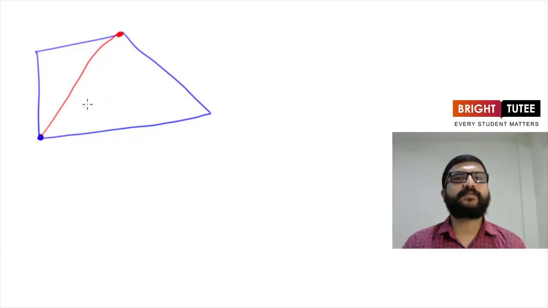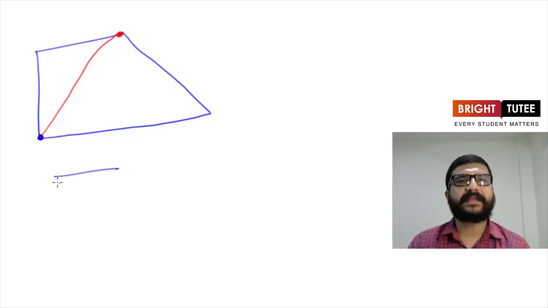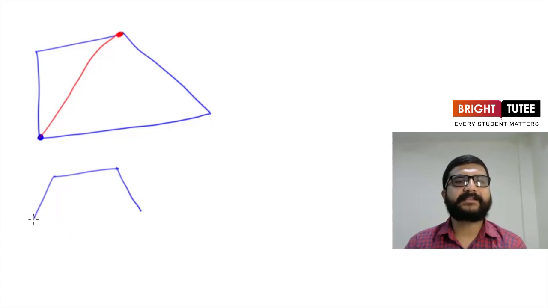Now suppose instead of a quadrilateral we have a pentagon. Let's say we have a pentagon like this. It should have 5 sides. So here is the figure which has 5 sides. It is a pentagon. Now from any vertex of this pentagon, let's say from this vertex, how many diagonals can we draw?